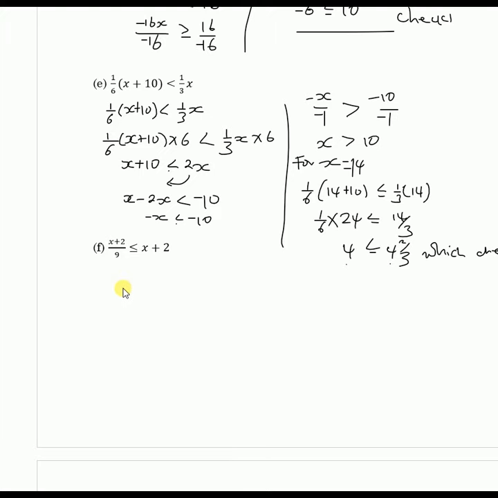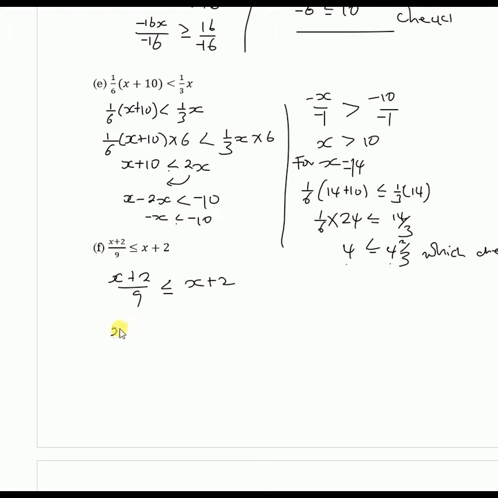Then part F, we have x plus 2 over 9 is less than or equal to x plus 2. What we are going to do here is multiply through by 9.